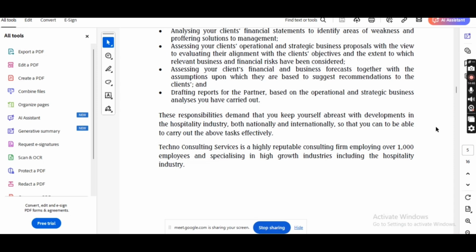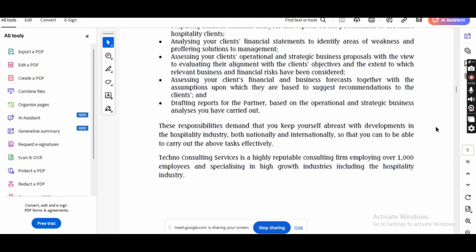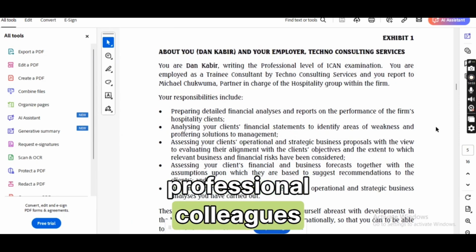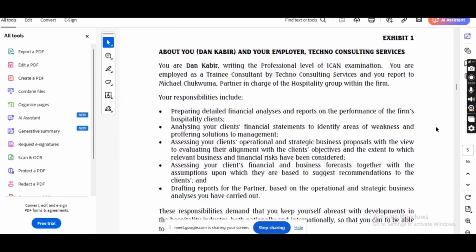Now, big companies and big firms actually employ more staff and specialize in high growth industries, including hospitality. Ladies and gentlemen, fellow professional colleagues, this is 99% an external report. Why? Because you are the trainee and you are working in a consulting firm. It is different from someone employing you as a systems and accounting officer.